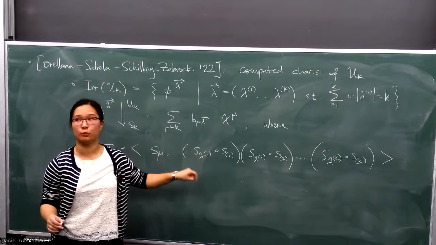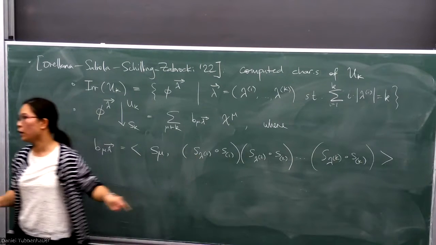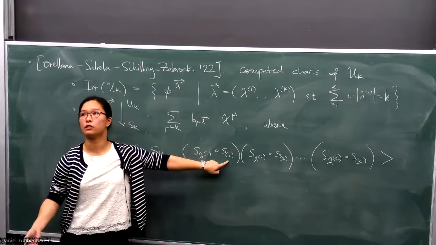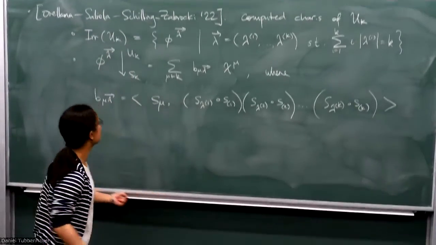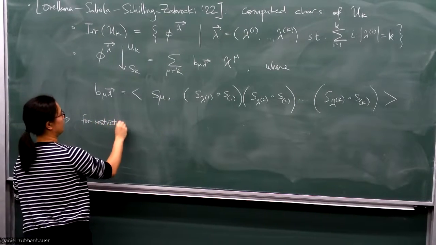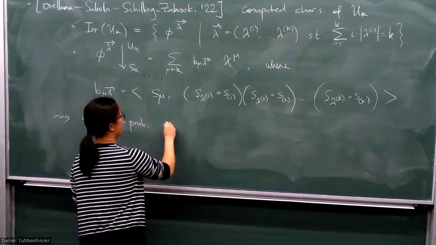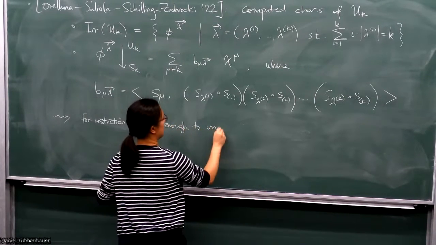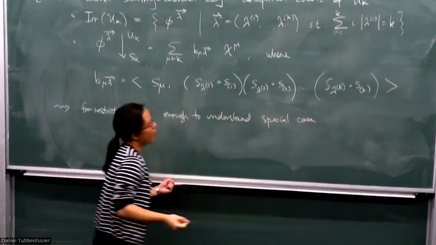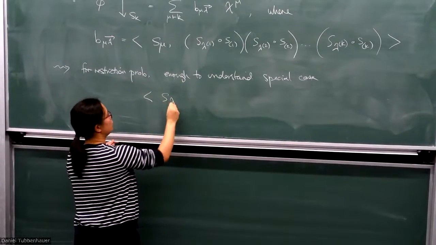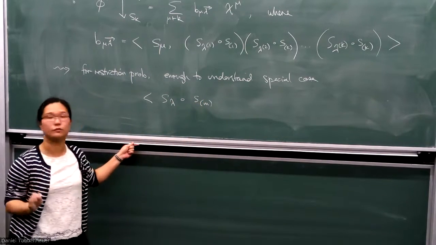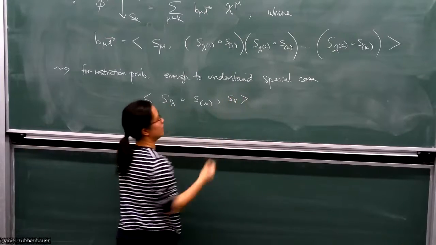And what about within each bracket? Within each bracket, it's just a kind of plethysm, but a very special kind of plethysm, where on the right we're just looking at S sub a trivial partition. So all in all, they observe that for the restriction problem, it is somehow enough to understand the special case of how we decompose plethysms where we have S sub some arbitrary lambda, plethysm S sub some trivial partition of some size, and then we just want to look for its constituents.